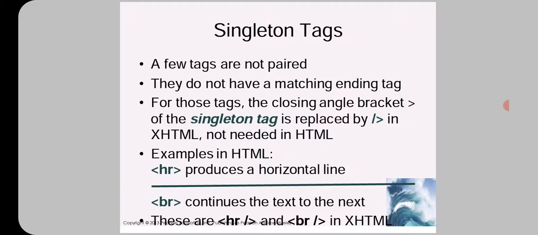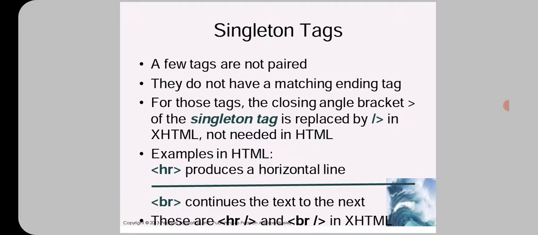Next is singleton tags. As we already discussed earlier, HTML tags are of two types: single tags, which are singleton tags, and double tags, which are double-ended tags. A single tag has only one tag, and a double-ended tag has two tags, one for opening and another for closing.